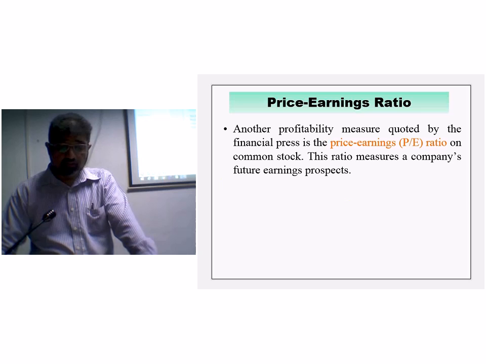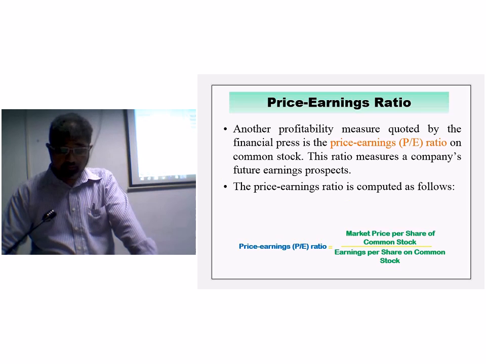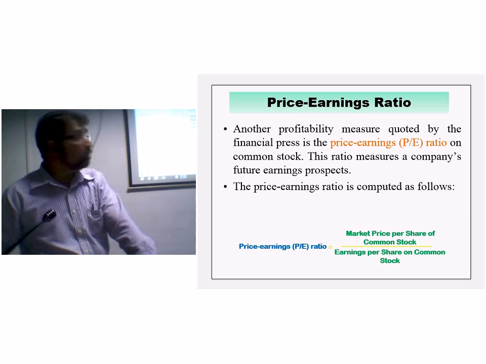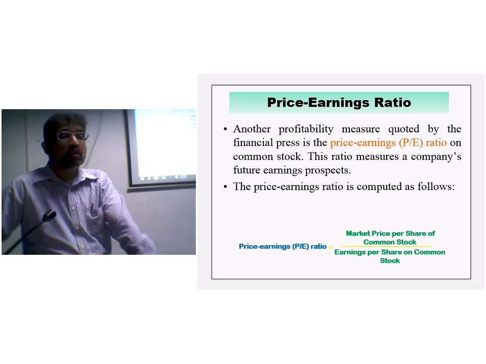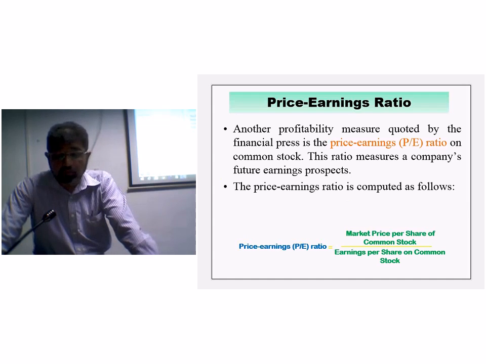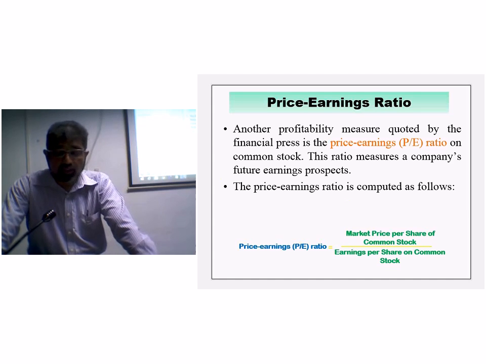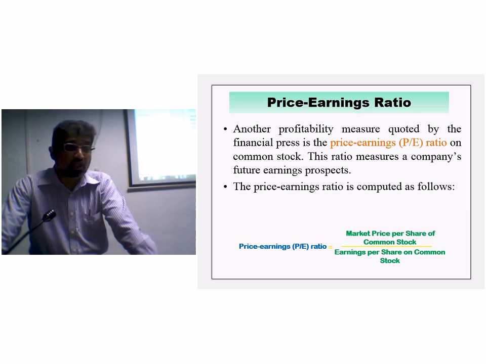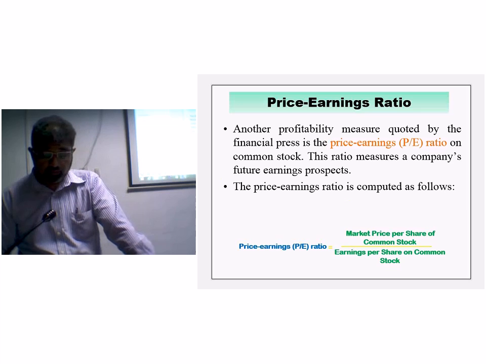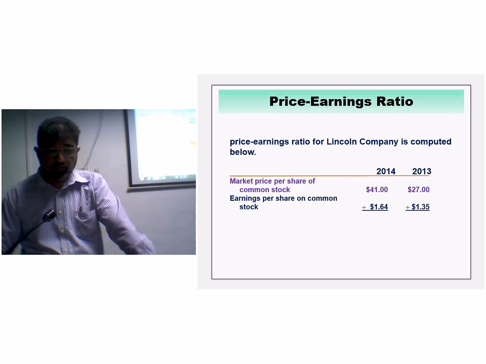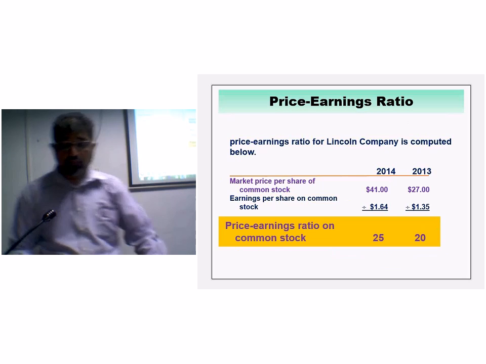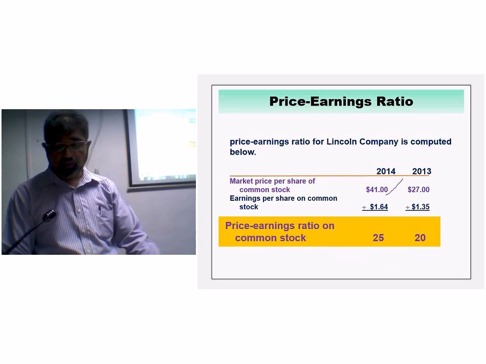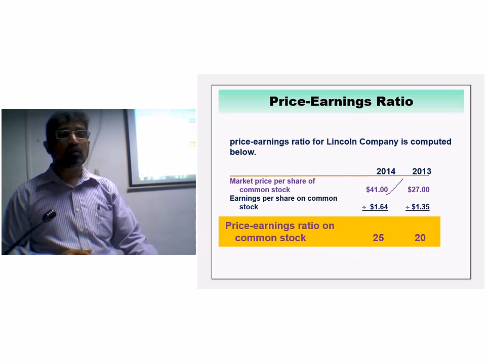You can see that. Price earning ratio is market price per share divided by earning per share. How many years we have to take to cover that investment through earning per share, right? You can see this example. Your market price per share is 41. Today we have to spend 41 rupees to buy this share.